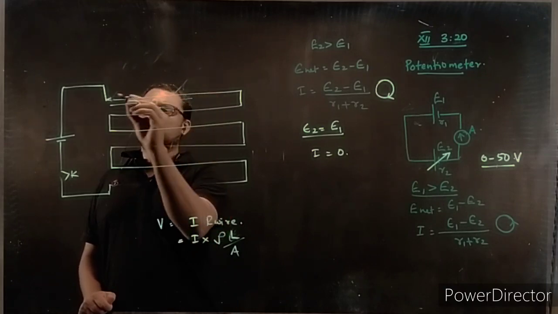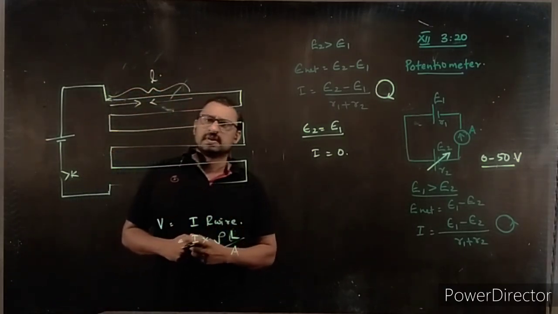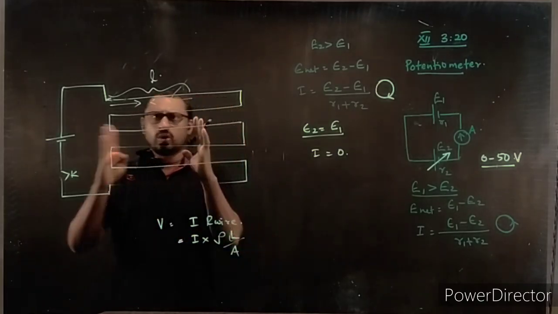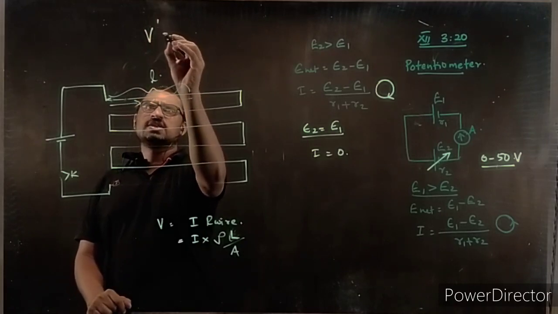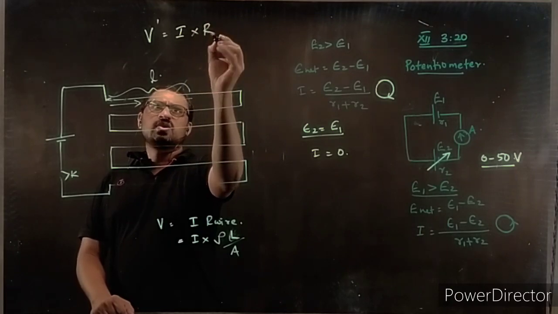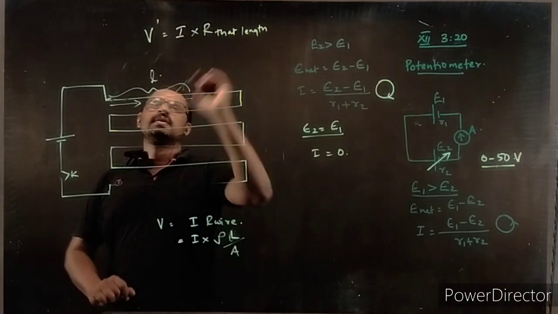Suppose this much length is L, and this much length is small l. What is the potential difference developed across that length only? The potential difference V dash across that length will be equal to I into the resistance of that length of wire, right?